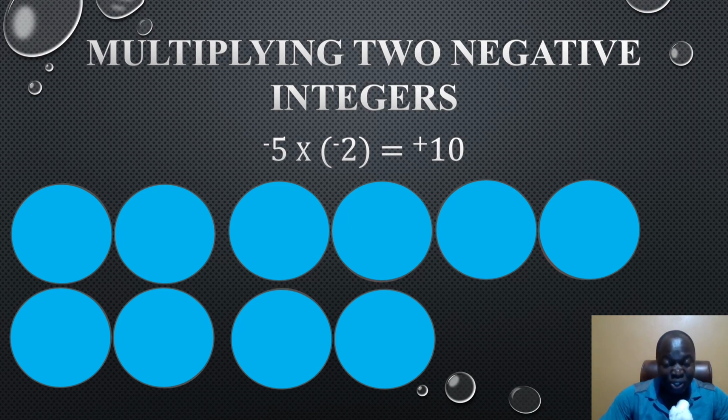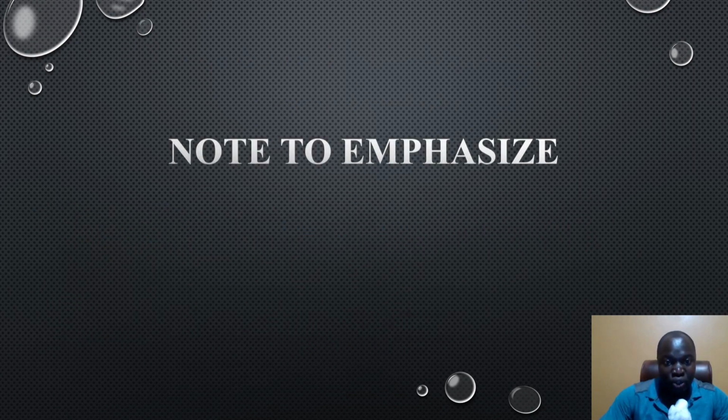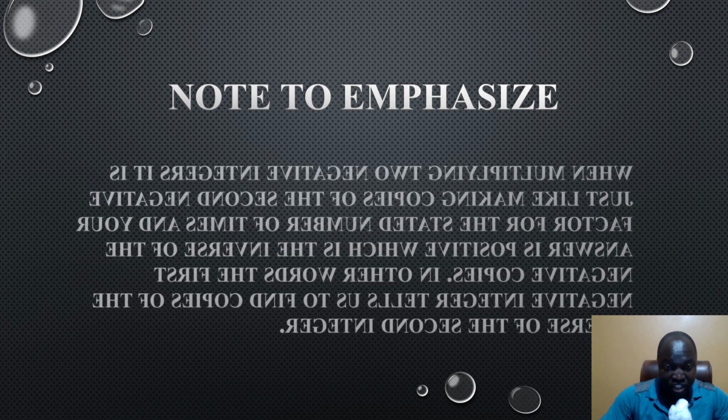All right, so the inverse of a negative is going to be a positive, and that's what the negative sign on the 5 is telling us. So the inverse of the negative answer is the positive. That's why we end up with a positive 10. All right, there we go. So just grab this note.